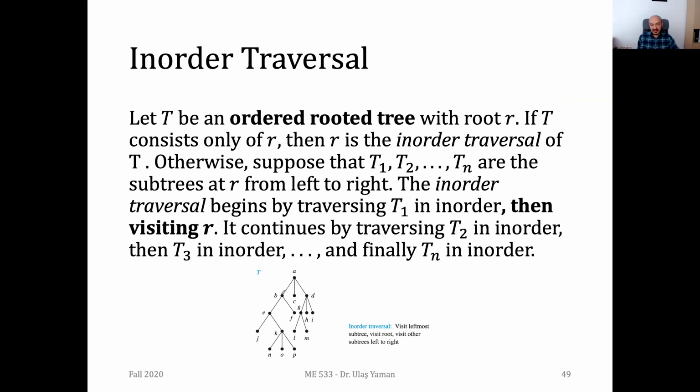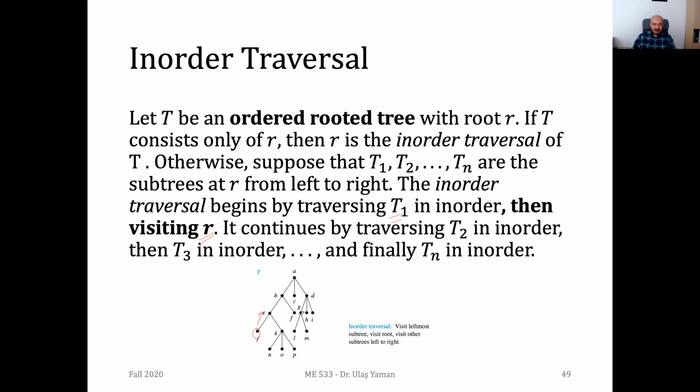B might be the first item in the traversal, but since B still has some T1s underneath, E has another T1, so we will start with J. This is the bottommost T1 of our tree. That's why you'll be visiting J first, and then according to the rule, once you visit T1, then you should be visiting R, which is the parent of T1, and in our case it is E. So that's why you'll continue like this.